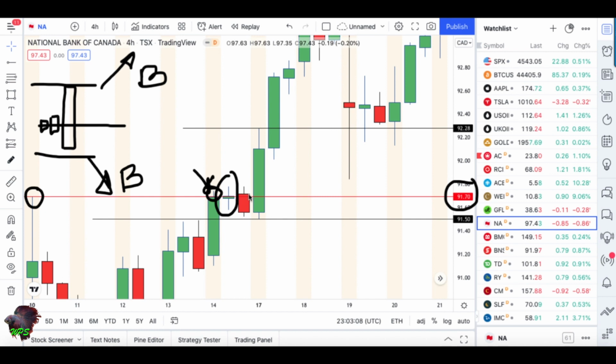Then we have an opening of this red candle above and then closing below. And then we have a full-on breakout with the bullish candle. We can see the bottom of this candle and the top of this candle has basically completely eaten or engulfed these two candles.